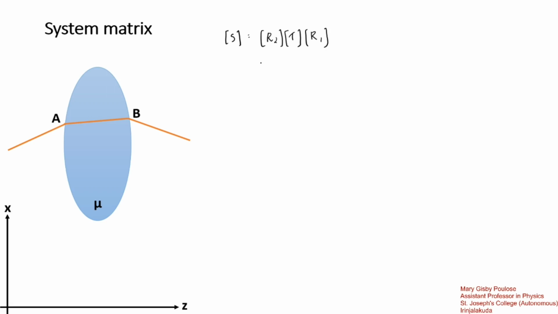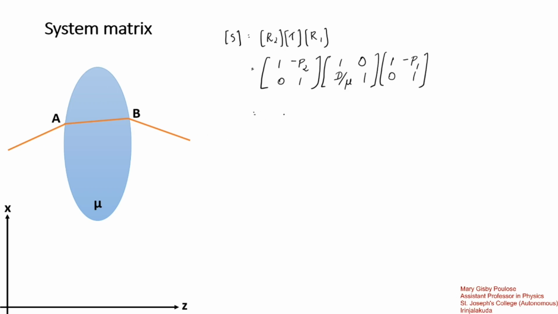I'm going to expand these matrices. R2 can be written as 1, minus P2, 0, 1. T can be written as 1, 0, d by mu, 1, and R1 can be written as 1, minus P1, 0, 1.